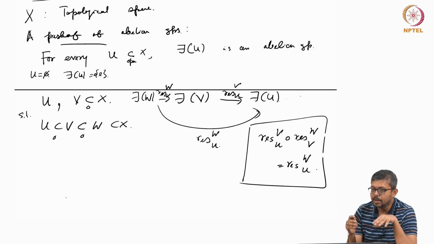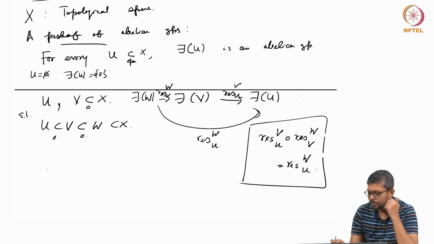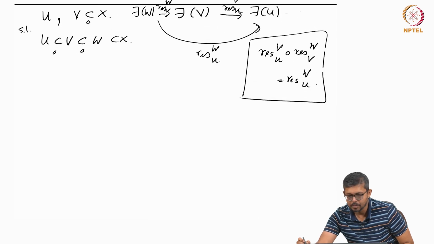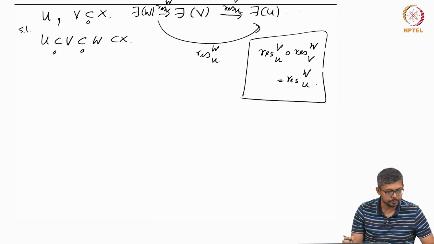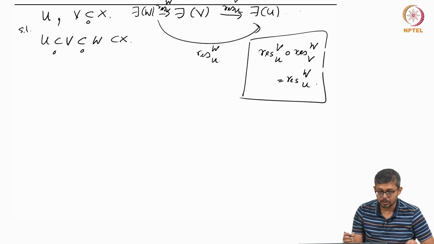It is more like you can think as if you have functions, continuous functions. Suppose X is a topological space. So, let us see some examples.